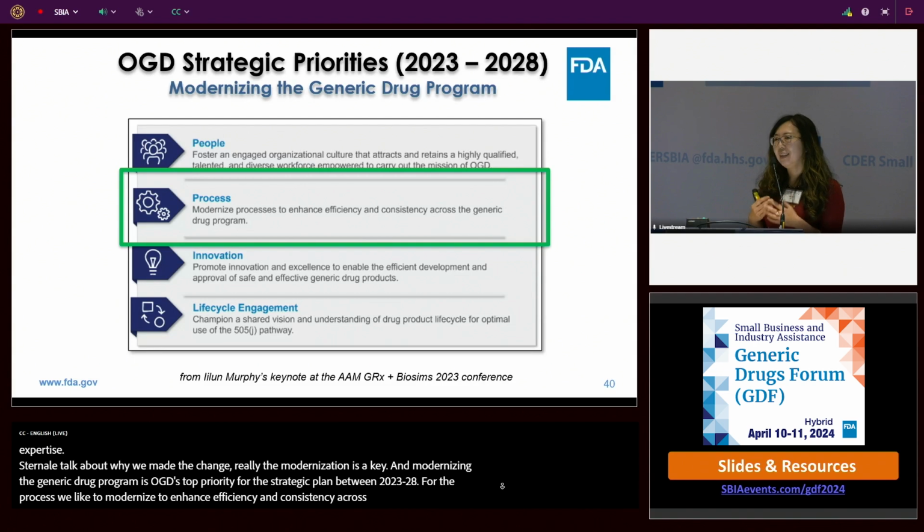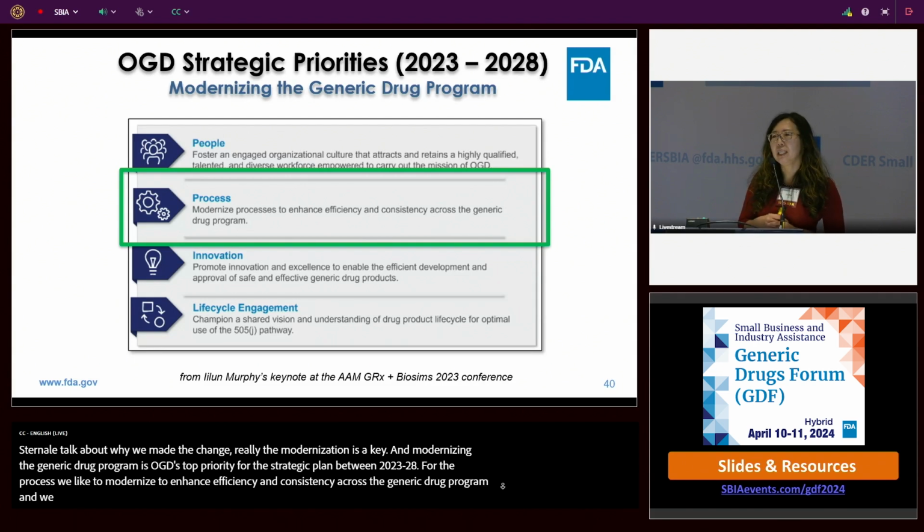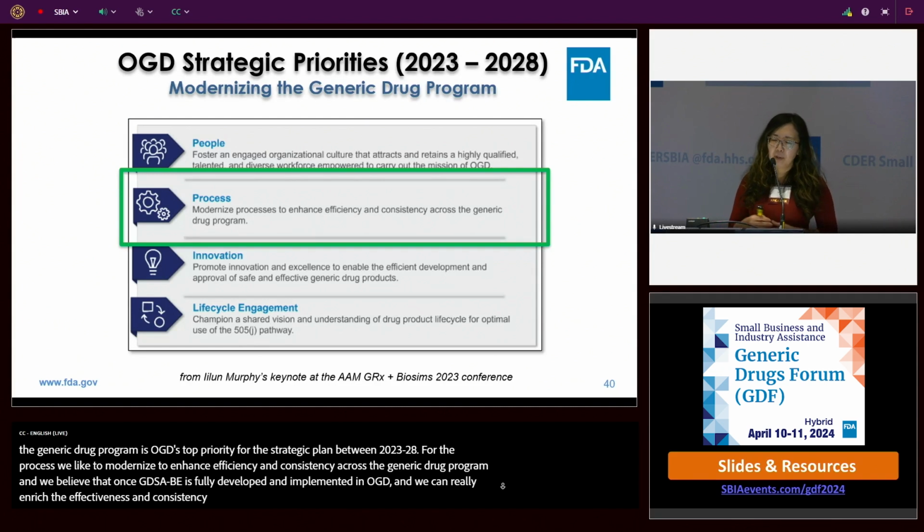We believe that once GDSA-BE is fully developed and implemented in OGD, we can really enhance the effectiveness and consistency of the regulatory assessment for bioequivalence. Really, this will be a significant step for OGD towards achieving this goal.